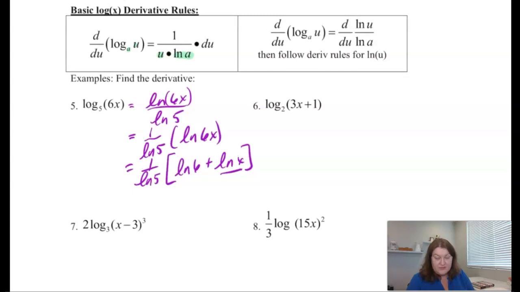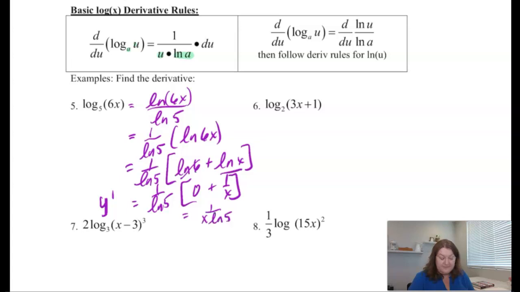The derivative of ln of 6 would turn into 0, so when I'm ready to take the derivative, I would have 0 plus 1 over x, and then on the outside, I would have 1 over ln of 5. So this would turn into 1 over x ln of 5.